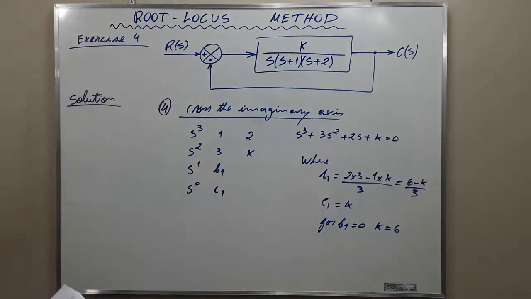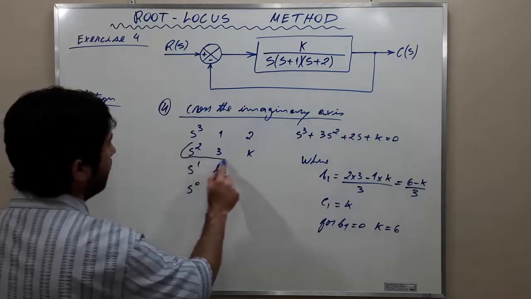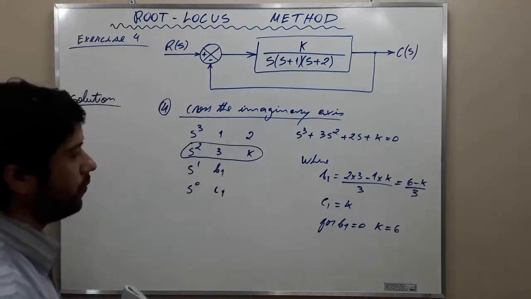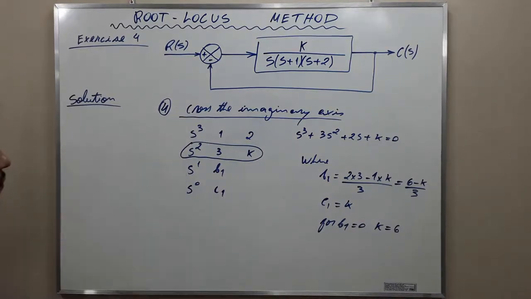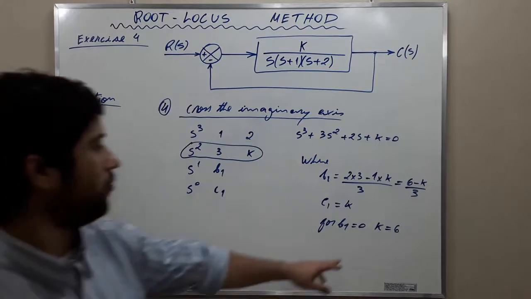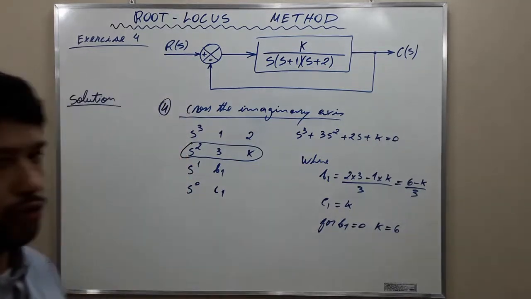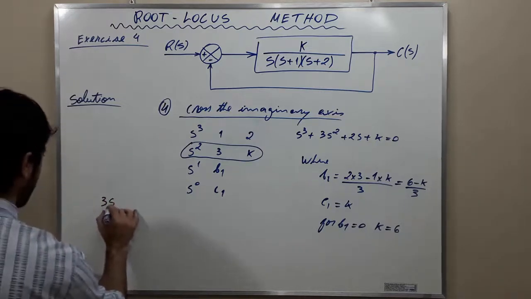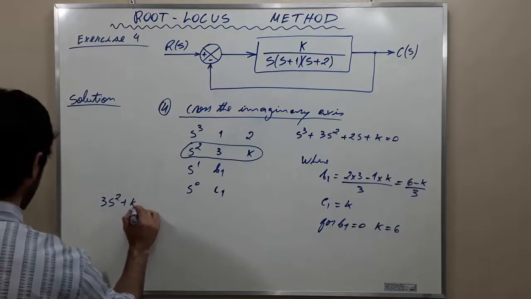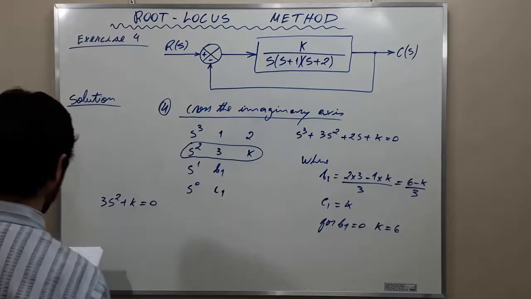And now, the crossing point can be determined by the auxiliary equation obtained from the s squared row. We are going to use this row here. We are going to create an auxiliary equation from this row with the value of K that we found, equal to 6. And the auxiliary equation is 3 times s squared plus K equal to 0.